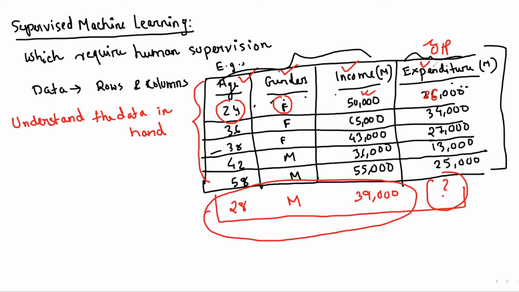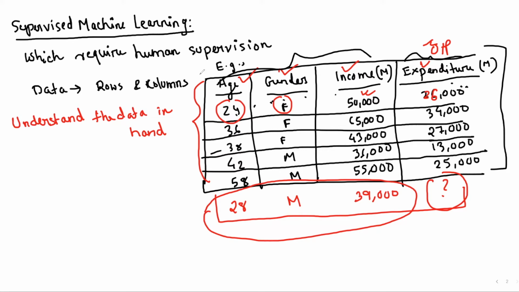So this is calculated, this is studied, or this has been collected under human supervision, right? Someone in the company, or someone in the sales or HR department, will have some similar kind of data. They have collected the data, right?